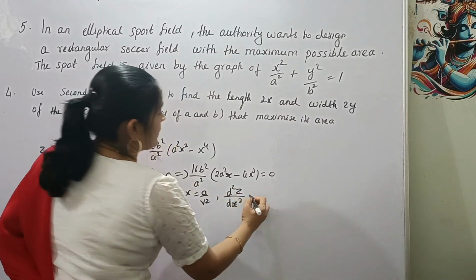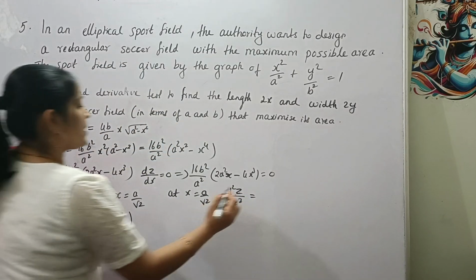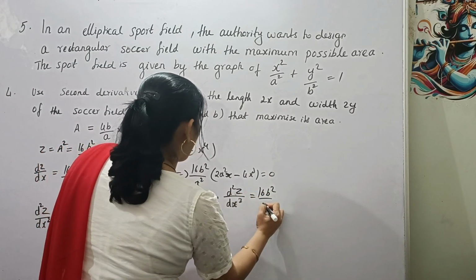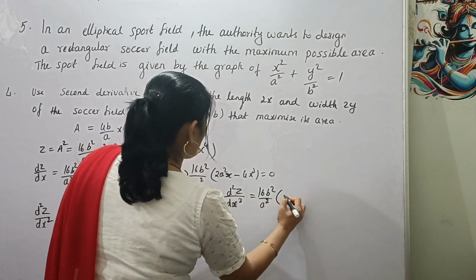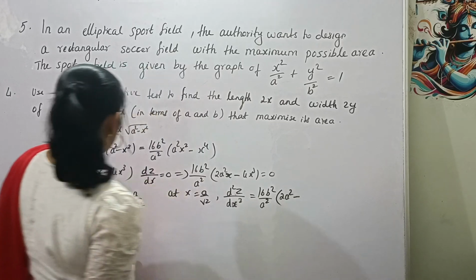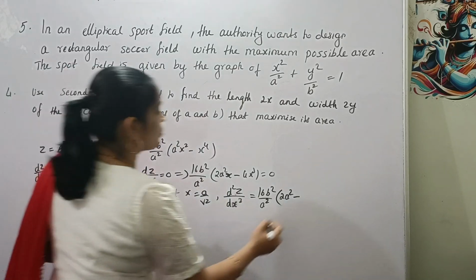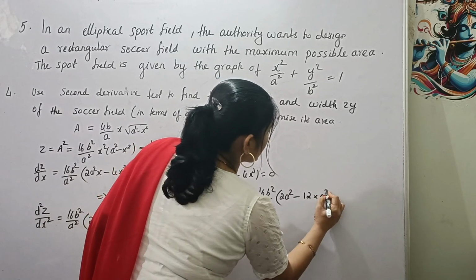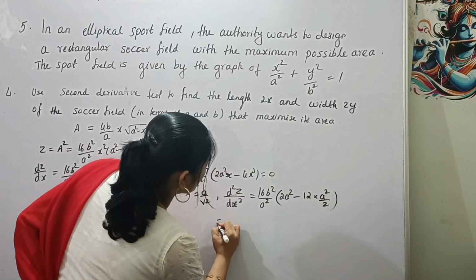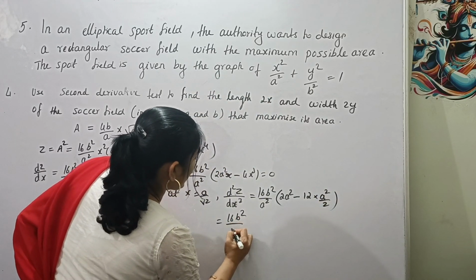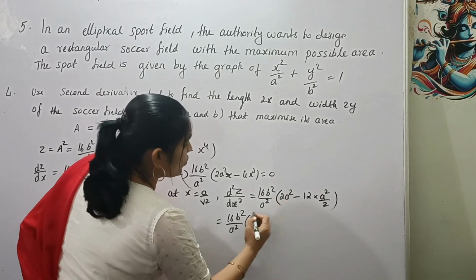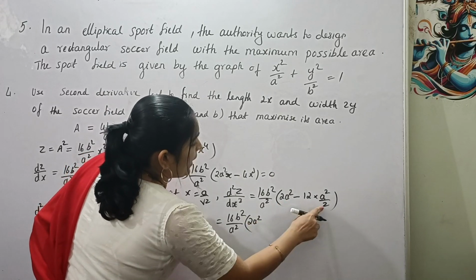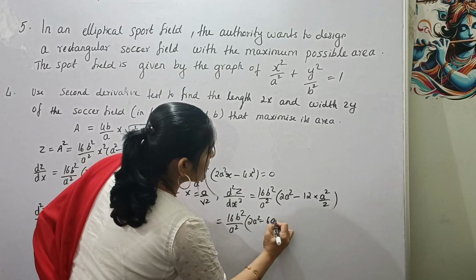That is equal to 16b square divided by a square into 2a square minus, substituting x is equal to a by root 2, 12 into a square by 2. That is equal to 16b square divided by a square, 2a square minus 6a square.